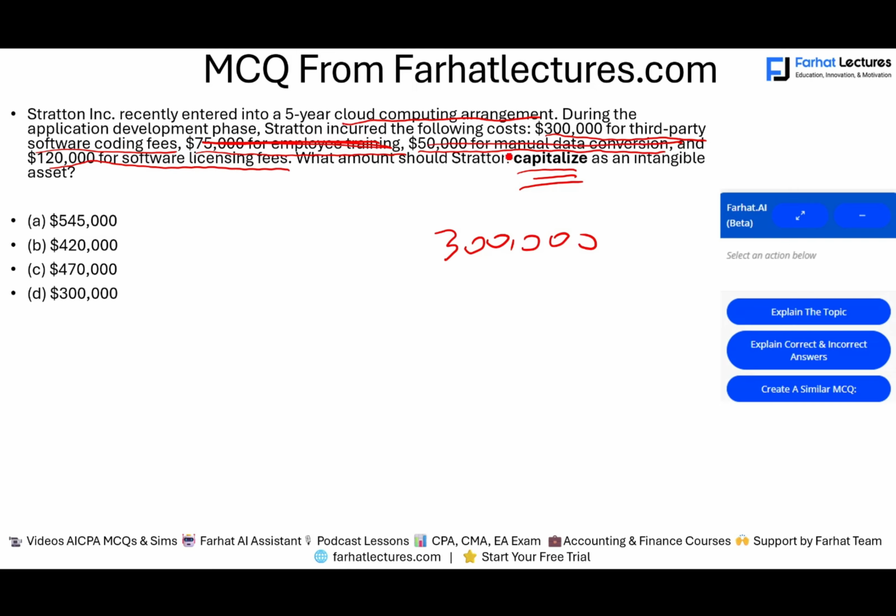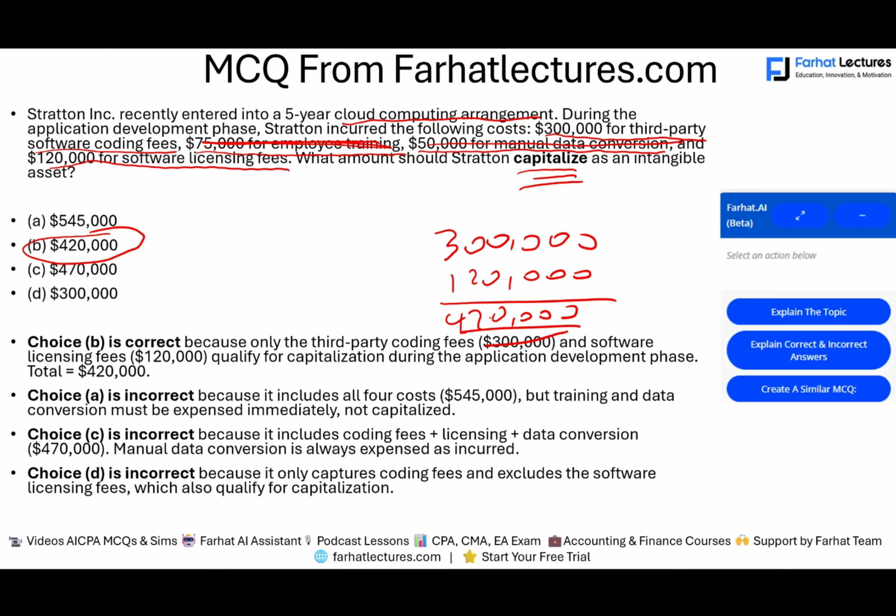It's expensed. And the licensing fee. Licensing fees, everything else being equal, is an asset. All these are intangible assets. And the answer will be $420,000.